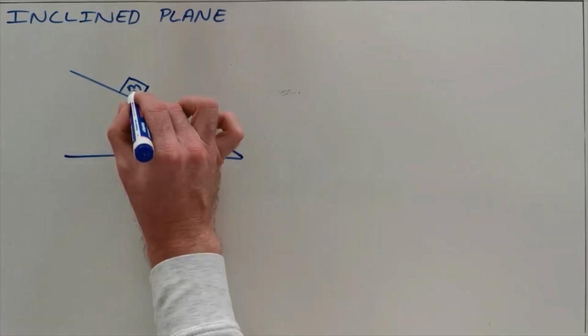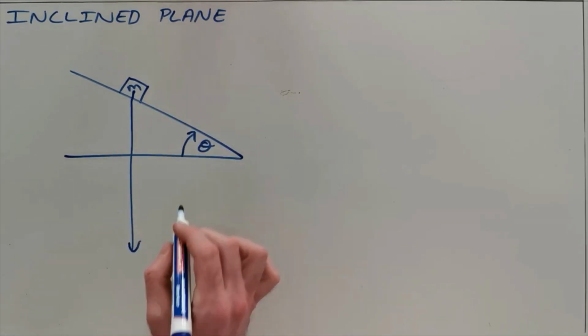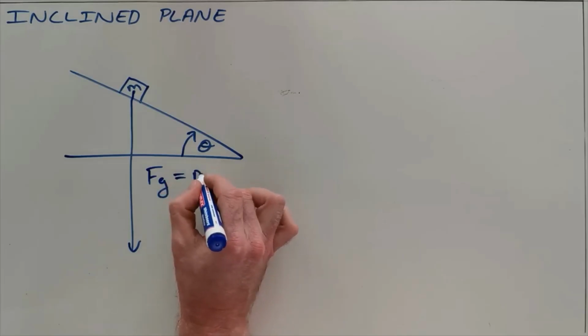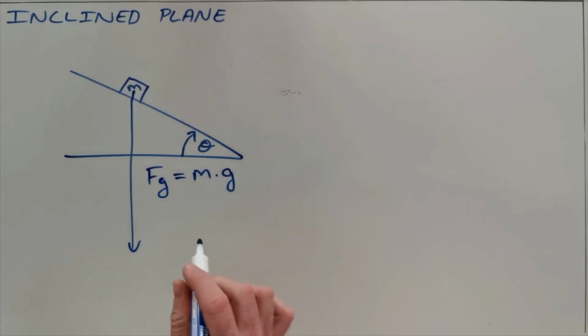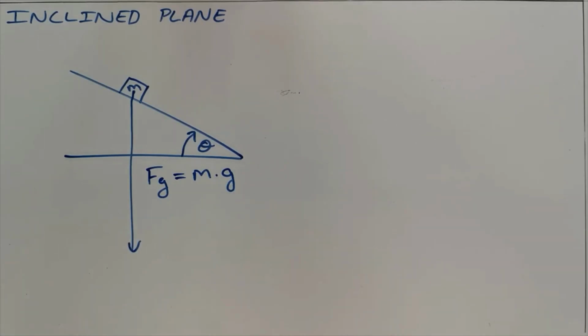And we can find these by first realizing that the force of gravity is always a force that acts vertically downwards to the center of the earth, and that is calculated by taking the product of the object's mass multiplied by gravitational acceleration. Once we have done that, we can then resolve this into two components.